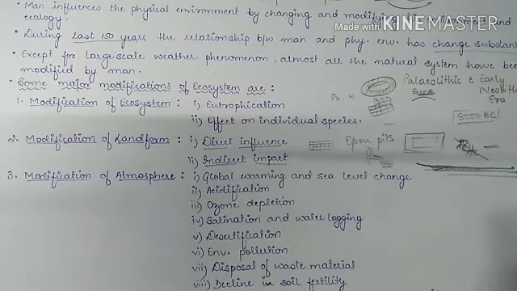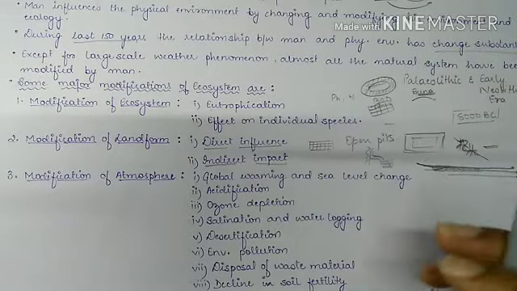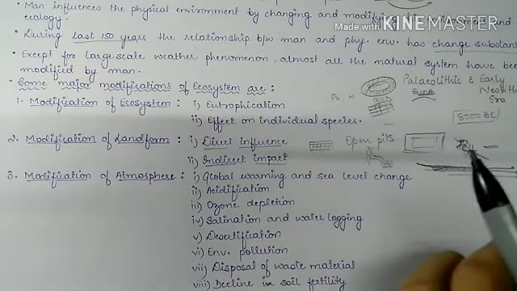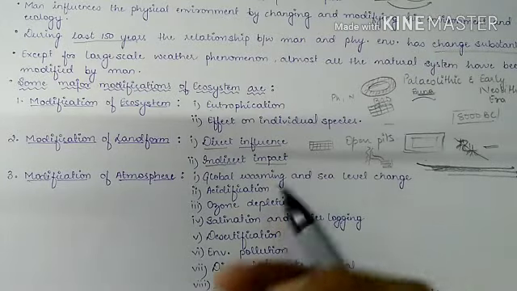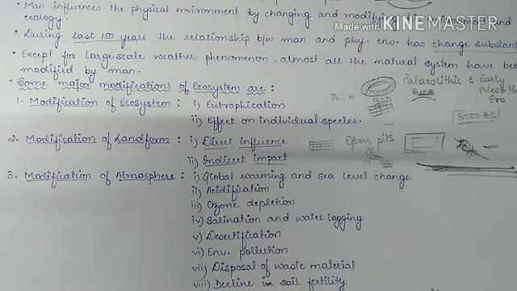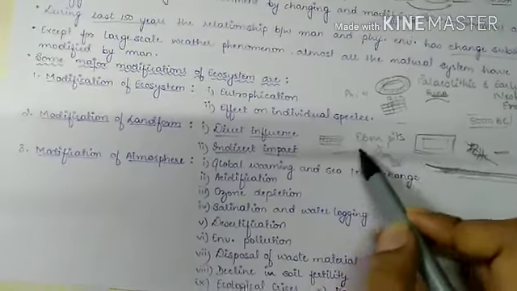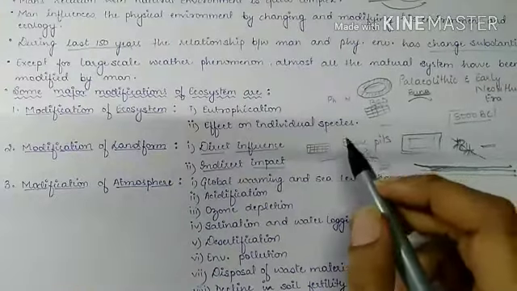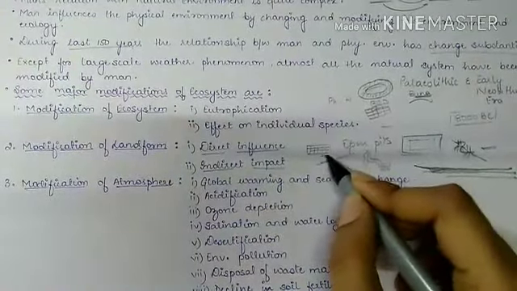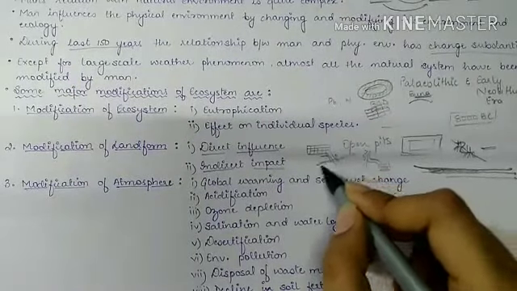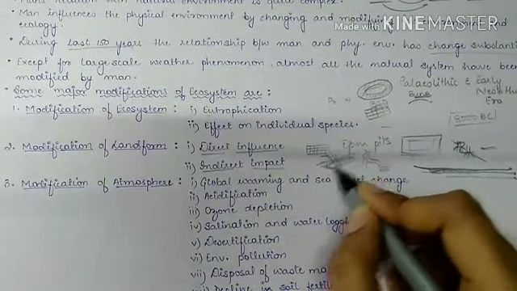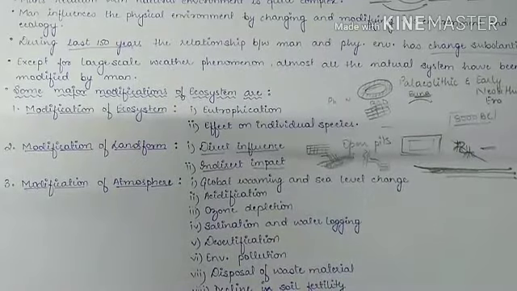Okay, see, because of more erosion, the load carried by river will be more. Okay, and if the load carried by river will be more, then obviously the deposition will also be more. And when the deposition is more, the area where the river will deposit its load at the end will become overloaded.